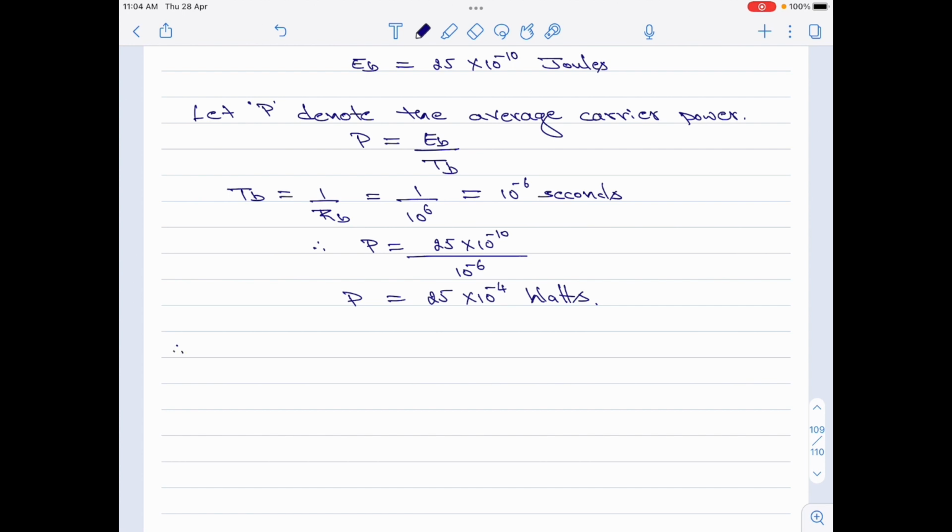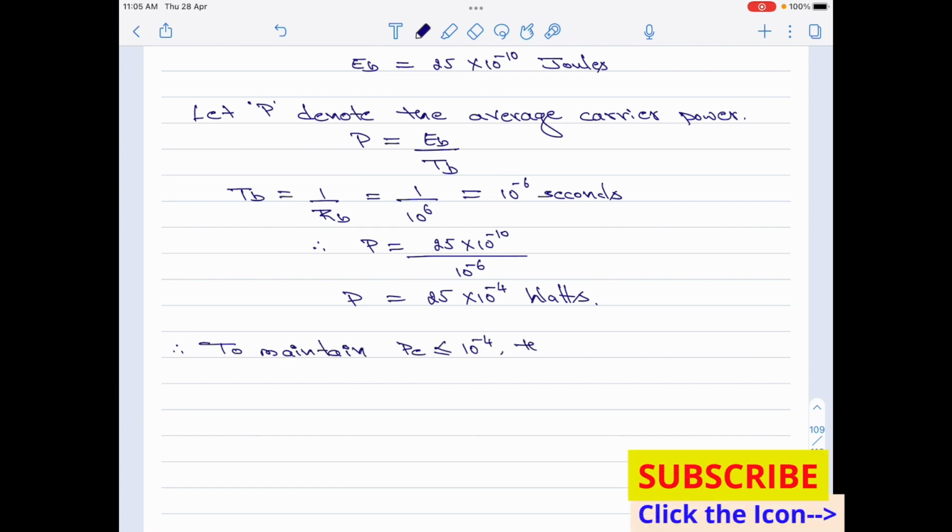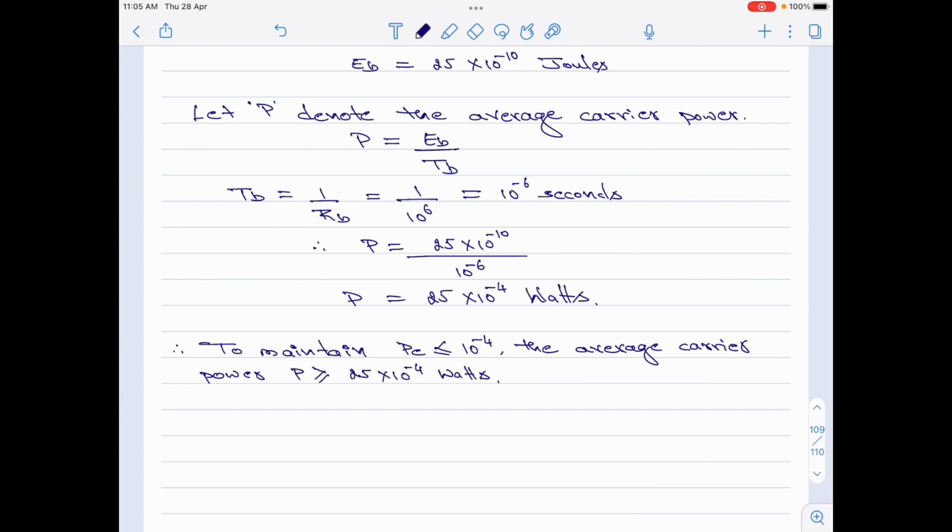Therefore, I will write it here as: to maintain PE less than or equal to 10 to the power minus 4, the average carrier power P should be greater than or equal to 25 into 10 to the power minus 4 watts. That is about computation of the average carrier power.